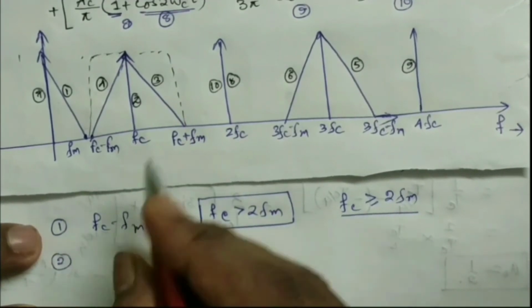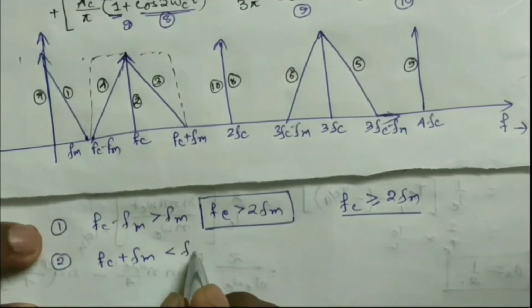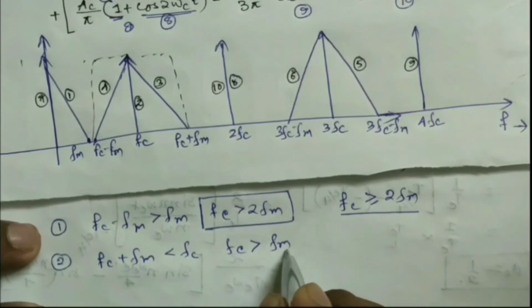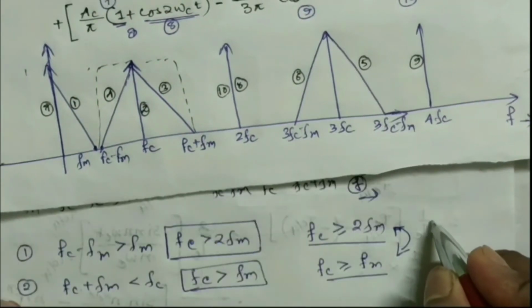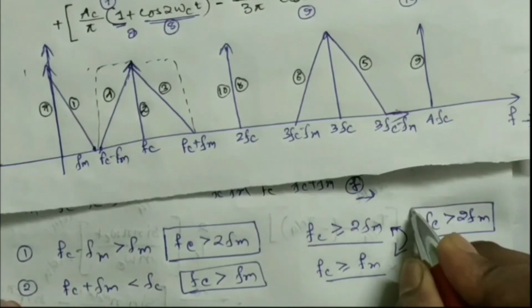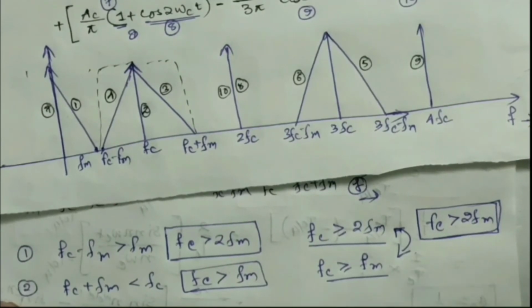And second, fc plus fm should be less than 2fc, that is fc should be greater than fm. Now combining these two conditions, the necessary condition is fc greater than 2fm. So this is the necessary condition for the BPF to pass the signals without any distortion.